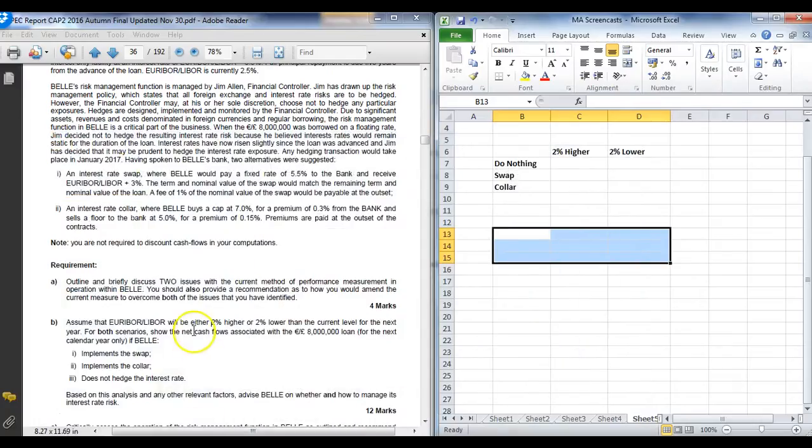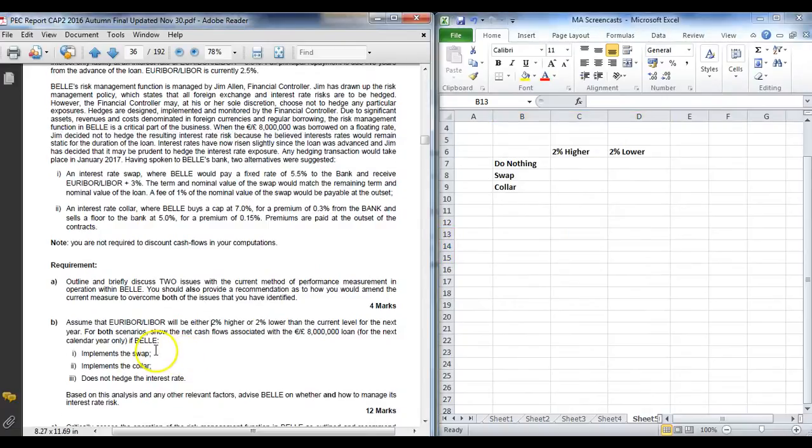So if we go back to our question, we have three different alternatives here. We have to use the swap, a collar, and do nothing. And one good piece of advice for students is always start with the easy one and work towards the hardest. The examiner here has put the swap first. A lot of students would have started with the swap, got caught up in it because it can be tricky, and never got to the very easy one down the end.